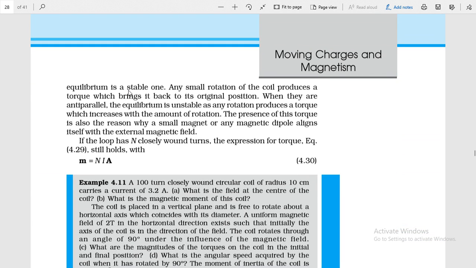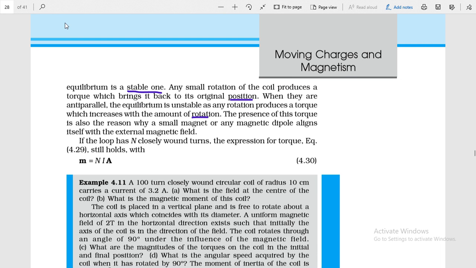When m and B are parallel, the equilibrium is stable. So for stable equilibrium, m and B must be parallel to each other. Any small rotation of the coil produces a torque which brings it back to its original position. When they are anti-parallel, the equilibrium is unstable, as any rotation produces a torque which increases with the amount of rotation.